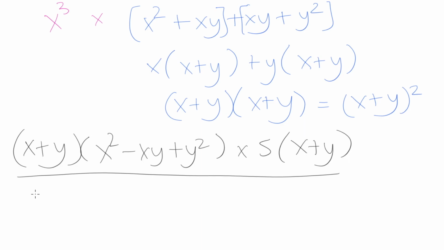And then on the denominator, we have x cubed times x plus y squared. And again, this is just rewriting our numerator and our denominator. Let's go ahead and actually multiply out this numerator and simplify it further.